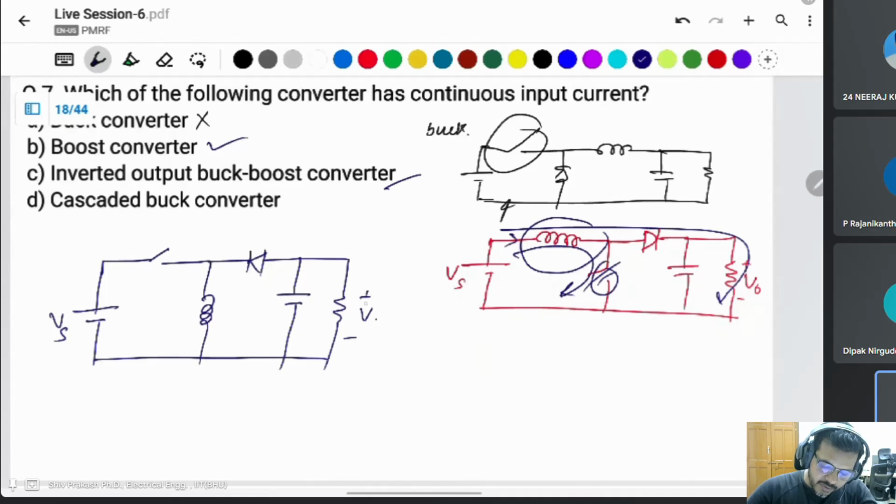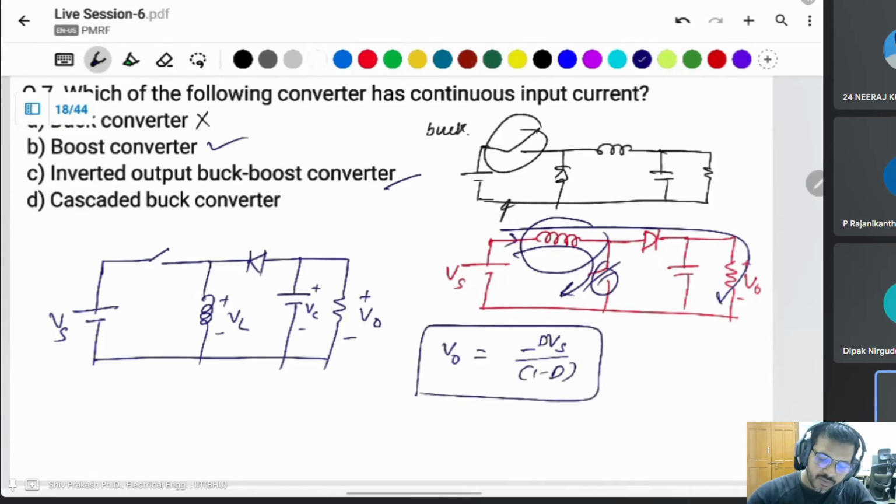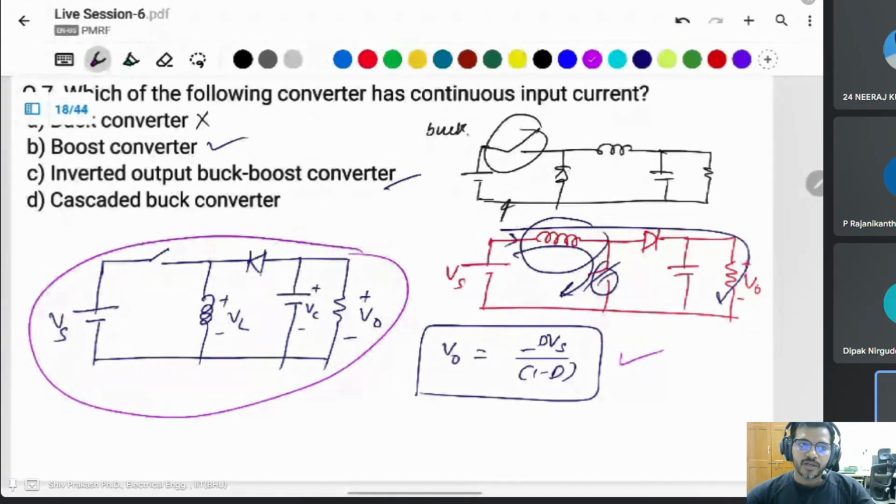If you take this as the V naught reference, then we will get V naught equal to minus of D Vs divided by (1 minus D). This whole circuit is the inverted buck boost converter, because there is a negative output voltage.